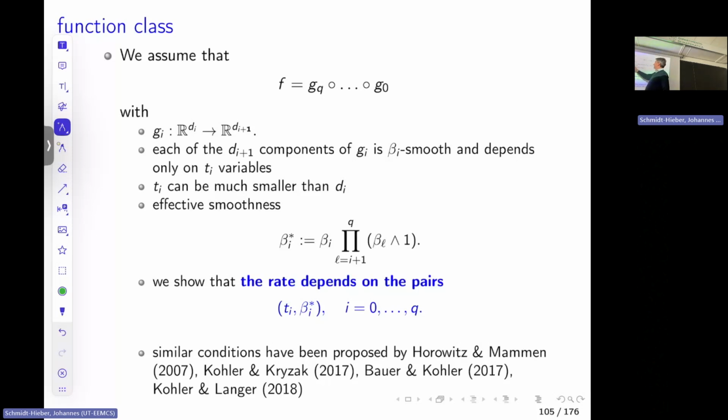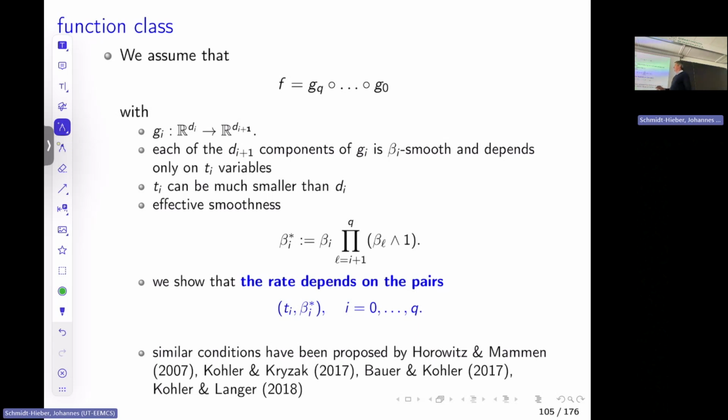And the key thing now is that each of these component functions can only depend on t_i variables, whereas in total we have d_i variables. This is the sort of sparsity that is often present in these problems. And the t_i can also vary, but think about t_i as small compared to the d_i. And different components can pick different subsets, so that all the d_i's are picked, but in different components, and each of them has at most t_i.